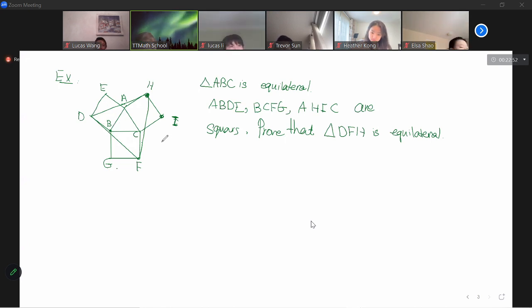So CA is equal to AH, equal to AB, and equal to BD, equal to BC, equal to CF. These are all the same because this is an equilateral triangle and these are all squares.